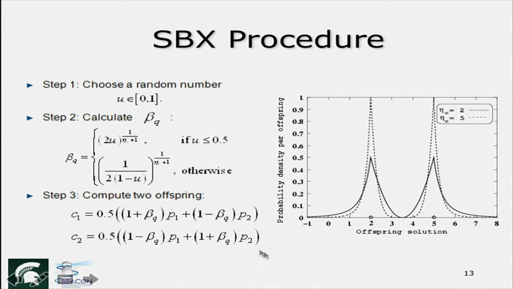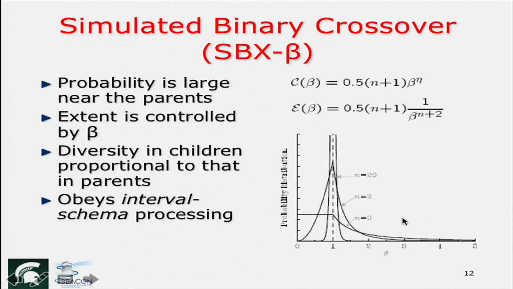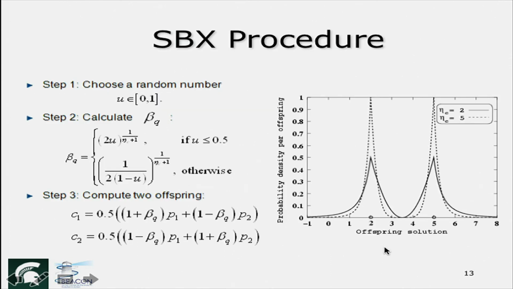Okay, the distribution is this. The way we do it is here. But if you choose different random numbers, this is the distribution you're going to get. This is taken from the polynomial distribution. And that was in the beta space. Remember, this is in the beta space. Now if I translate this into the x space, you get this bimodal distribution. This one is very much like the beta distribution. So at the midpoint, you have 0 probability of creating a child.